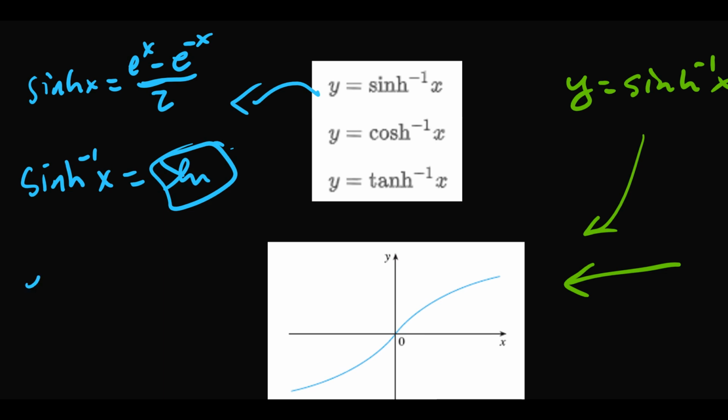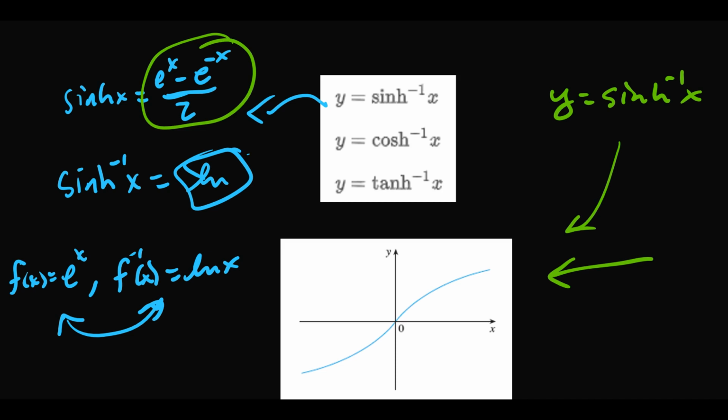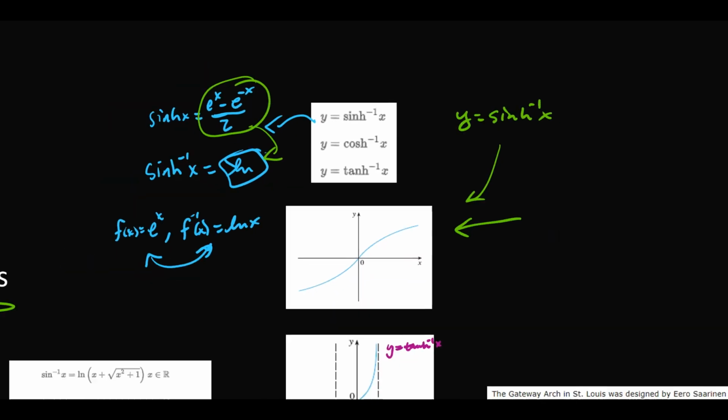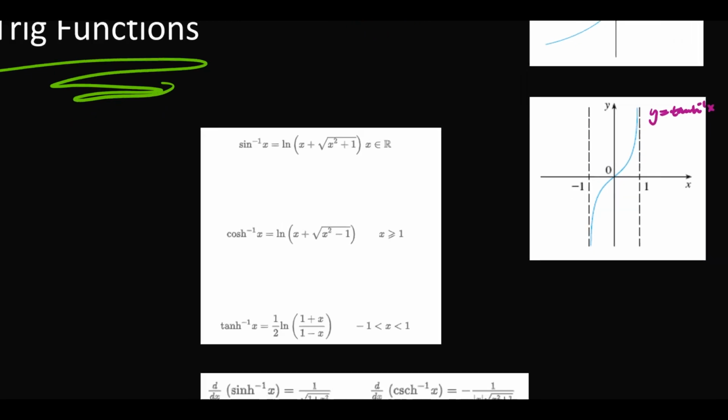Because remember, if f of x is e to the x, then f inverse of x is the natural log of x, and vice versa. They're inverses of each other. So if you have hyperbolic sine of x involving e to the x, the inverse hyperbolic sine will involve natural log. And so here they are.